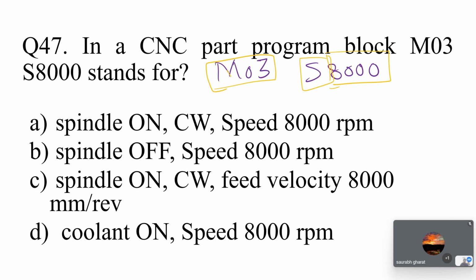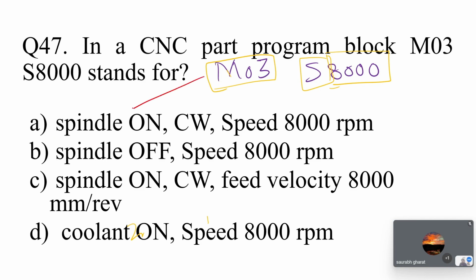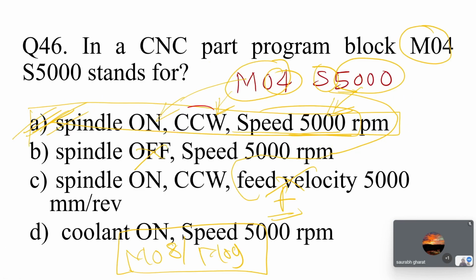If you go through every slide, what M03 stands for here is that your spindle must be on. Okay, so the spindle must be on here, and the way the spindle is on is clockwise direction because we are using M03. In the previous case, we were using M04, so it was counterclockwise. But right now, we are using M03.